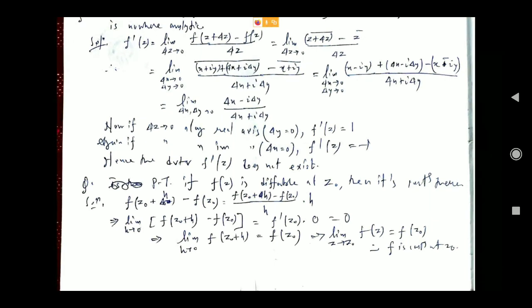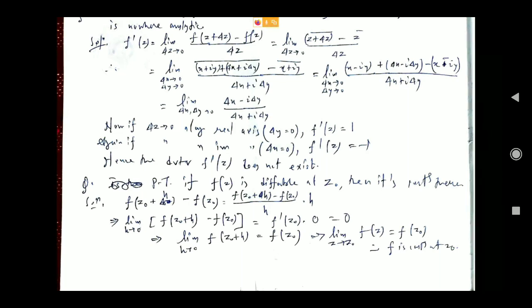If there's any doubt, you can ask me. Right now I can understand that everything is not clear to you, so study at home. Next class also, ask me if you have any doubts. This complex analysis is just an extension of real analysis.